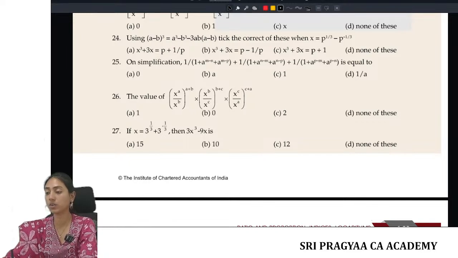Can you start working on the additional questions? Start working on the additional questions, we'll discuss. From 1, because now we have discussed indices.